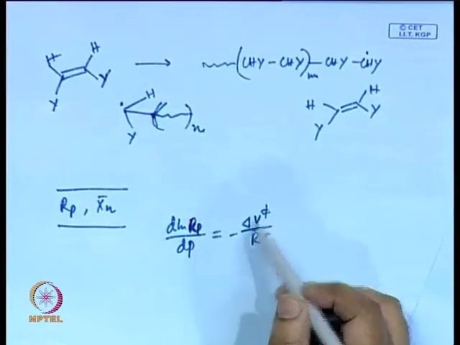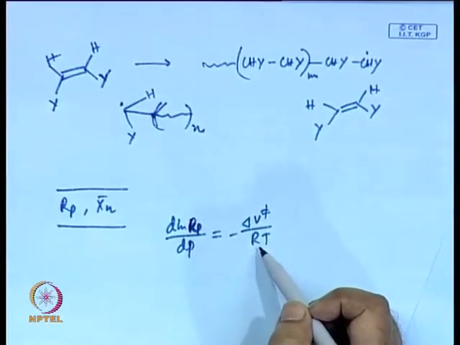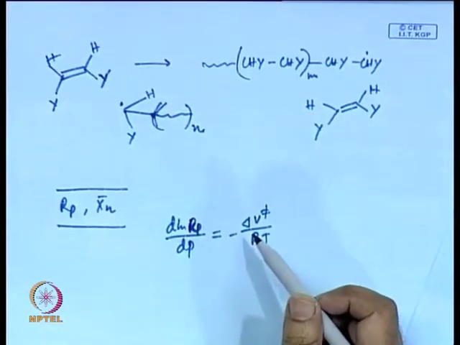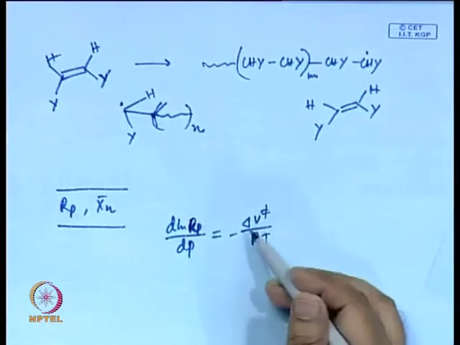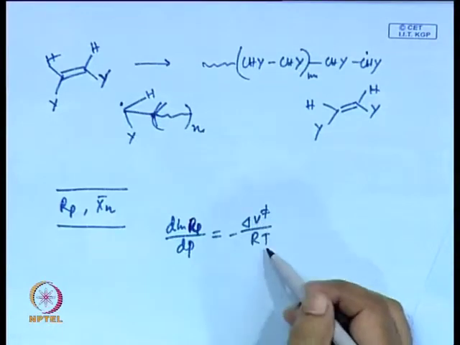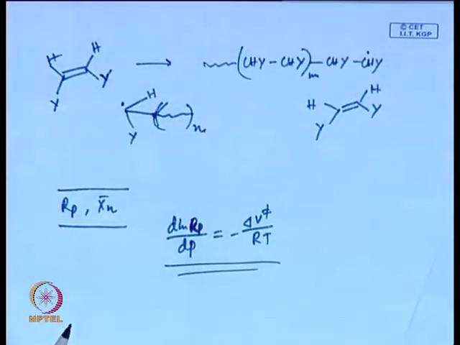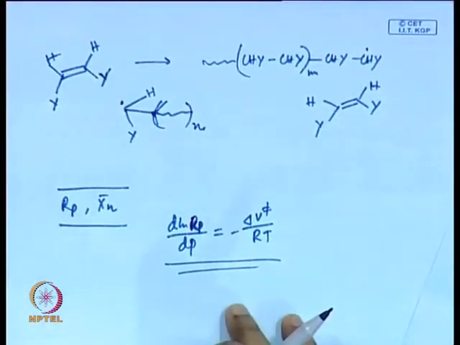If this is positive, then the rate of polymerization will go up with pressure, and if it is negative, then it will go down. You can get it from this expression, and it is not very significant.